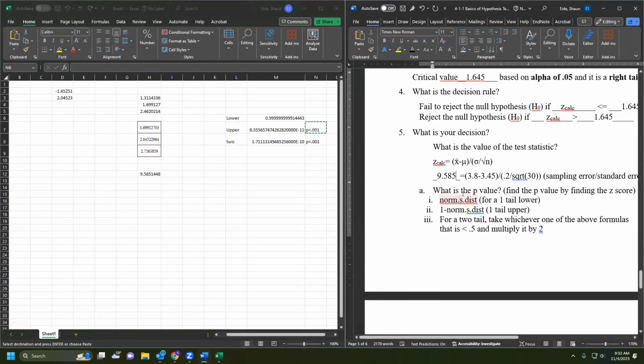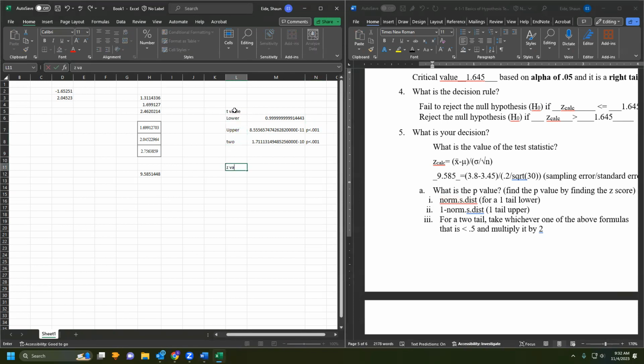Right here is the p-value for t-values, which we're not using this time, but for z-values, we're going to do equals norm dot s dot dist, and then we put the z-value 9.585, and then we put true, and so it gives you 1.